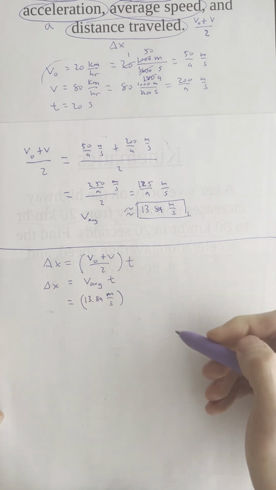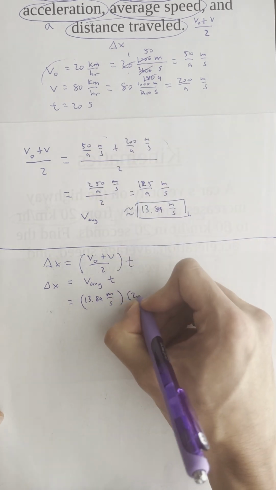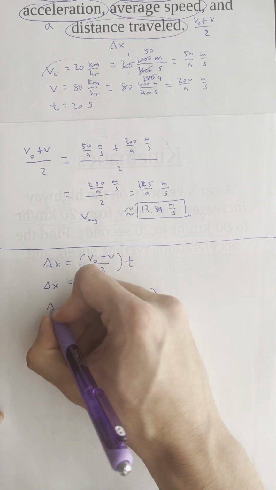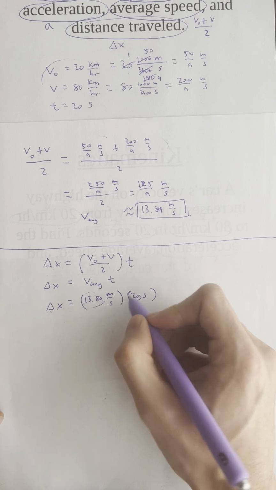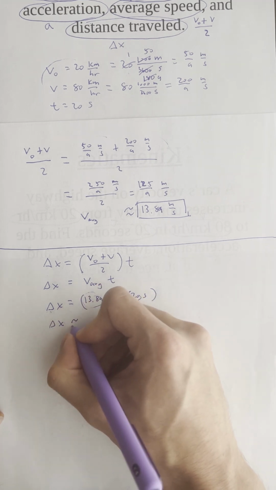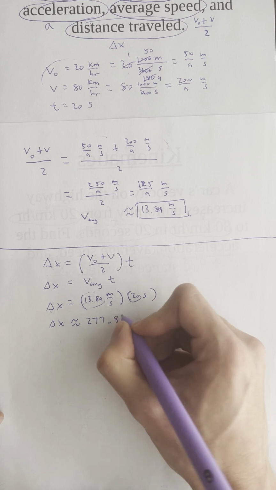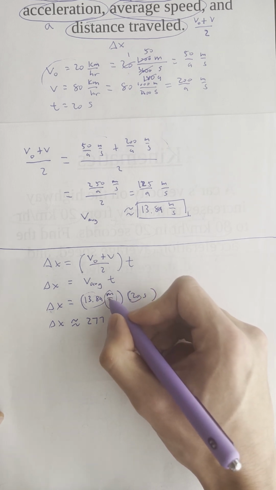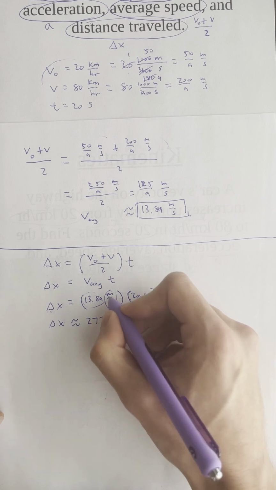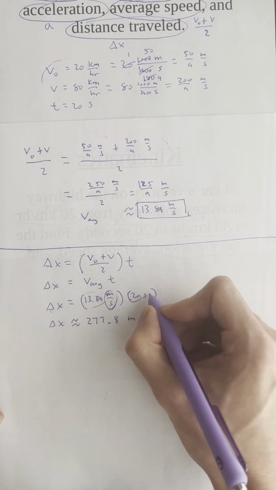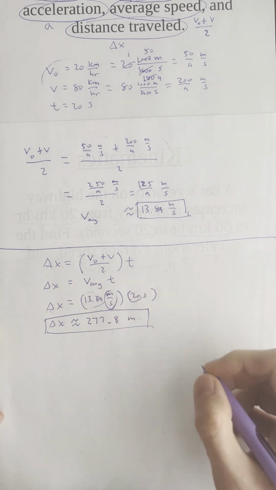And then time is how much again? 20 seconds. Okay. So this times this is how much? 277.8. And then meters per second times second is just meters, because if I multiply this and this, the s's cancel. Okay, so this is your answer.